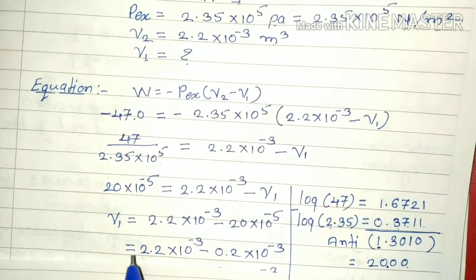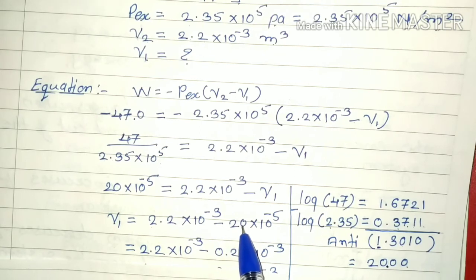Now suppose the decimal point is moved towards the right by 2 digits, then it becomes 0.2 into 10 raised to minus 2 plus 2, that is 10 raised to minus 3.